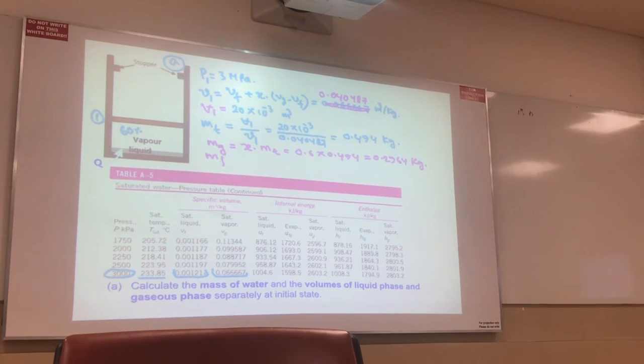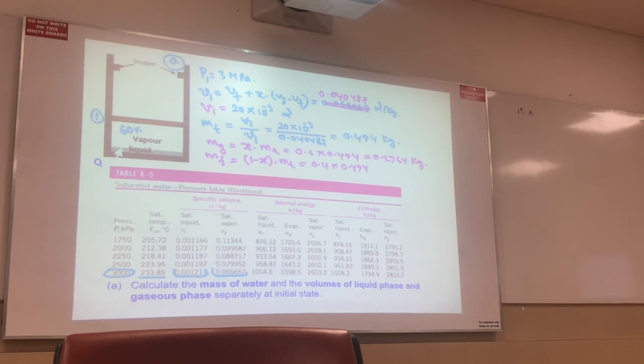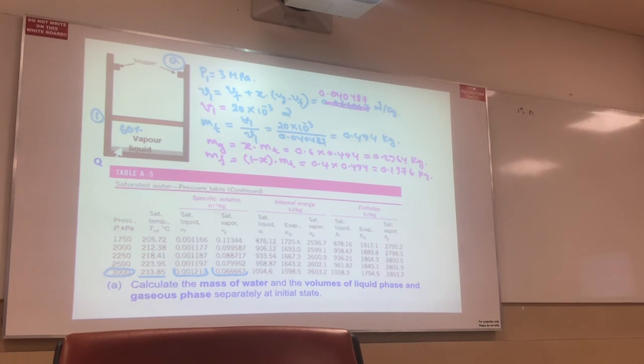And mass of liquid is 1 minus x times mt, that means 0.4 times 0.494, I get here 0.1976 kilogram.